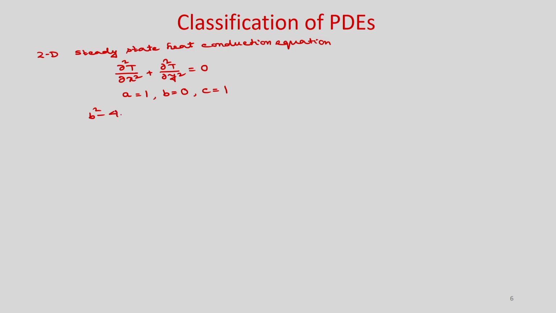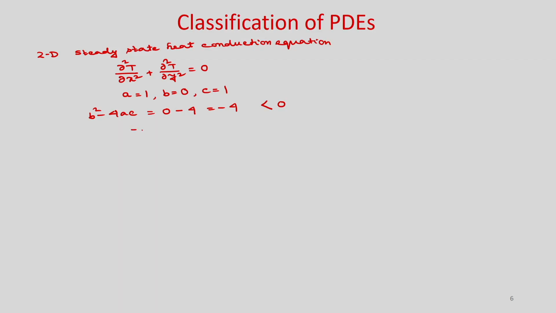B square minus 4AC is equal to 0 minus 4, that means minus 4, which is less than 0. So, based on our definition, you can say that this is elliptic in nature.